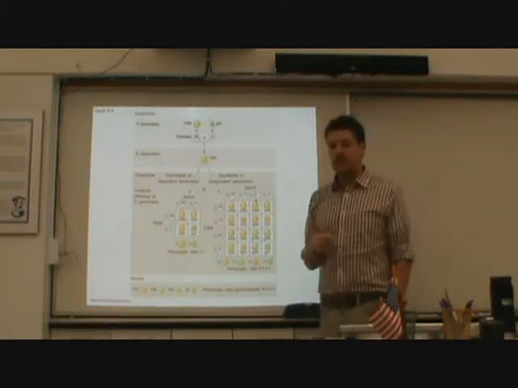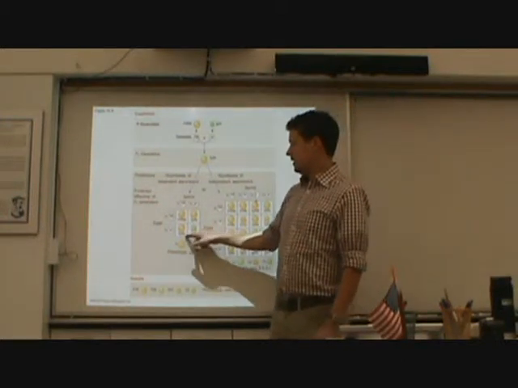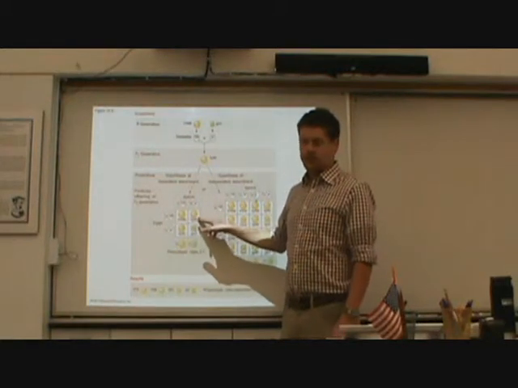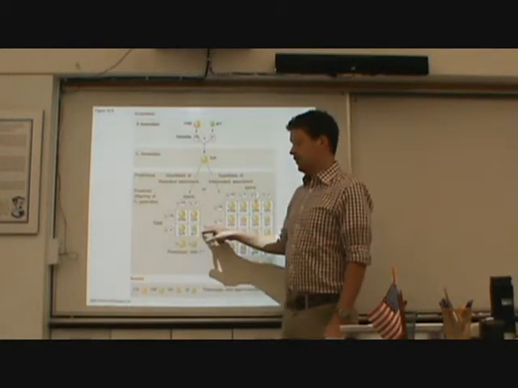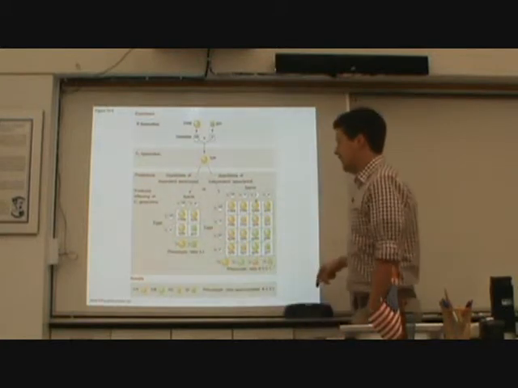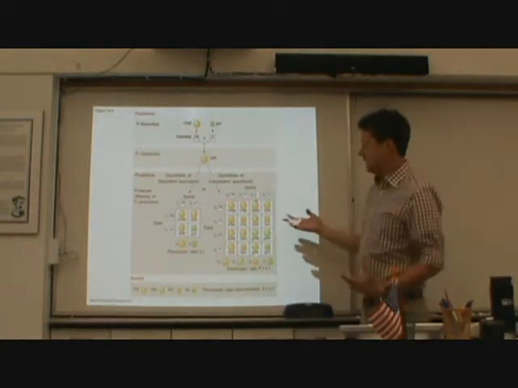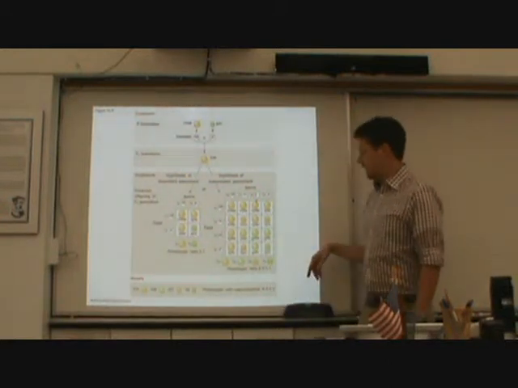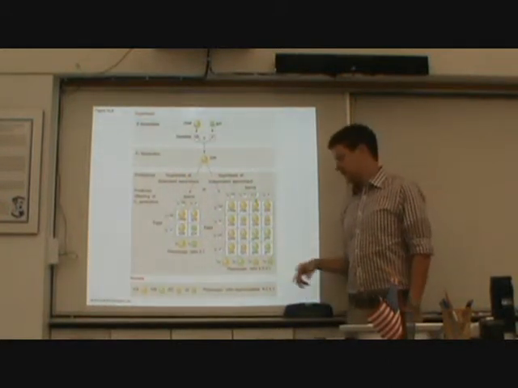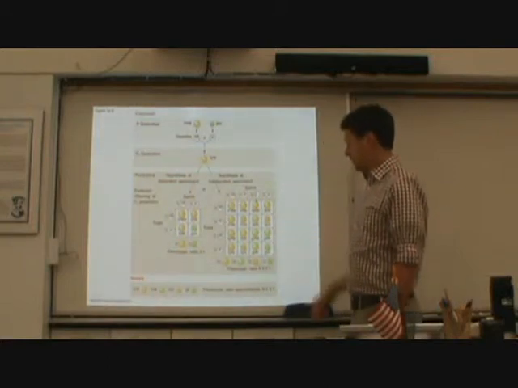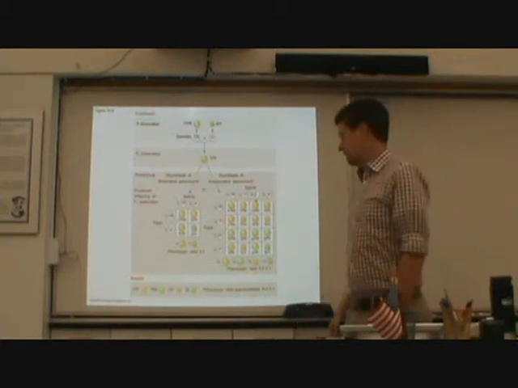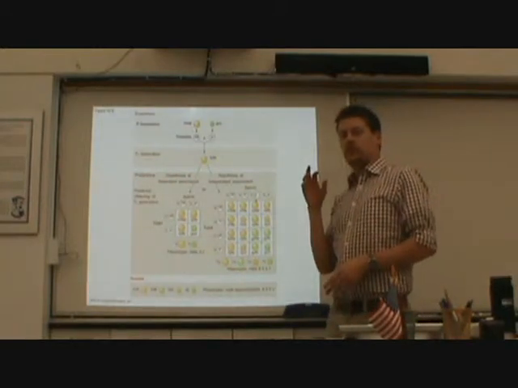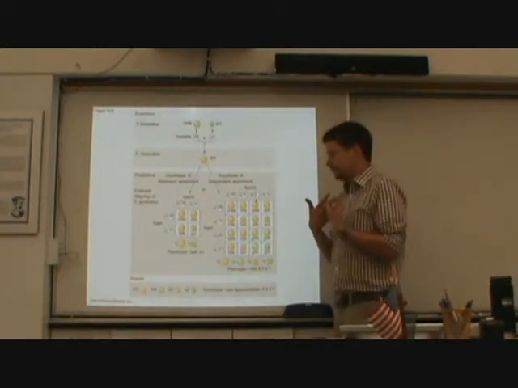If those two were linked, you would expect to only see the round yellow peas and the wrinkled green peas. But that's not what he saw. He saw a mix. He saw some wrinkled and yellow ones, some round and green ones, and then the round yellow and the wrinkled green ones.